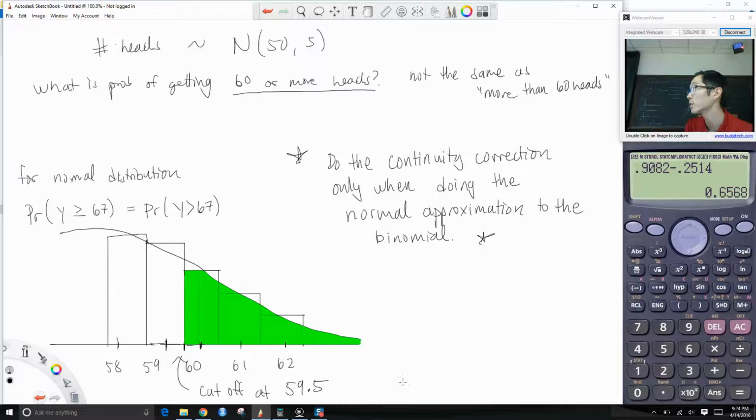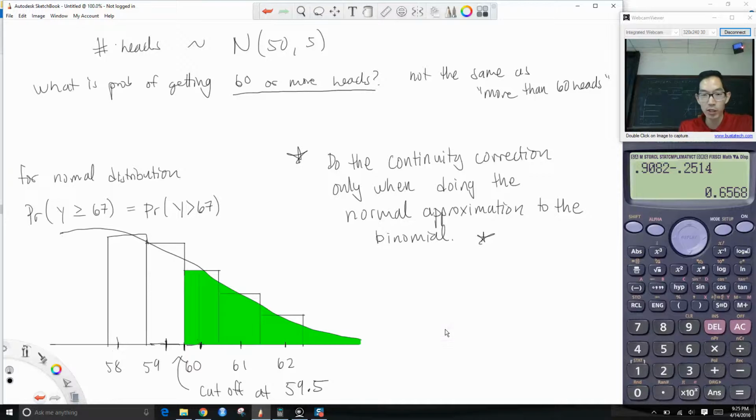Is that okay? All right, and so the fact that I'm not using 60, but I'm doing 59.5, that's the continuity correction, okay? In all of these situations, you're either going to add a half or subtract a half, and that's known as the continuity correction.